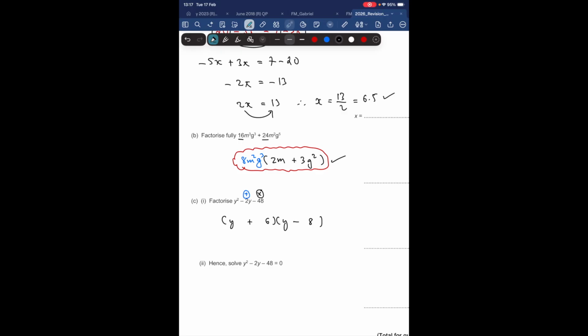And we can double check. 6 times minus 8 will give us minus 48. Plus 6 plus minus 8 will give us that minus 2. So we end up with our factorized quadratic expression.